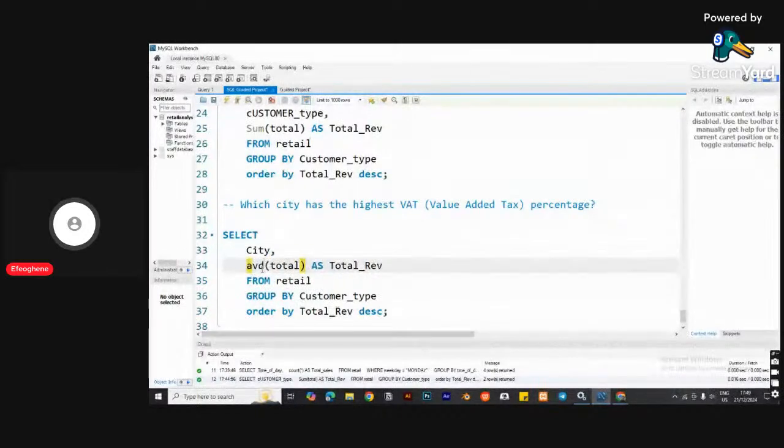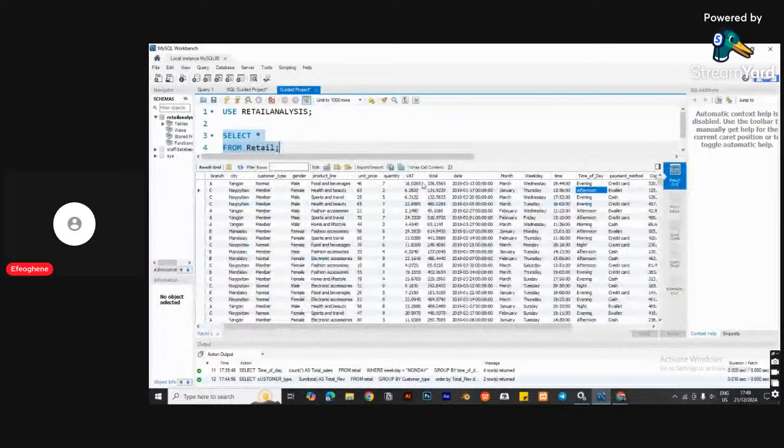So we say average, and we change this to tax. Do we have a column named tax? Instead it's VAT.